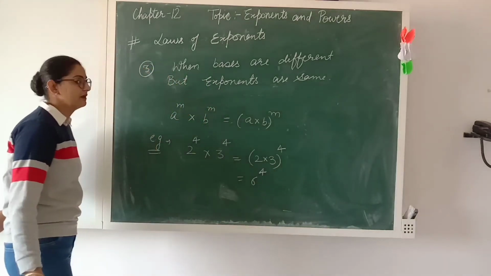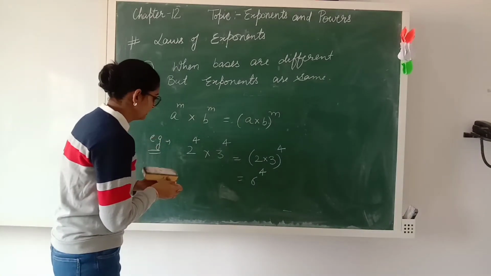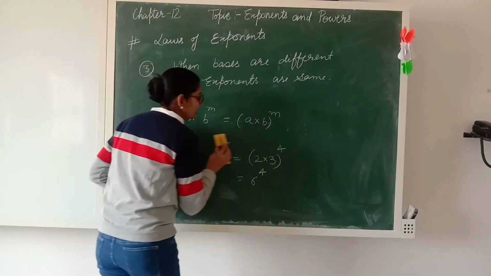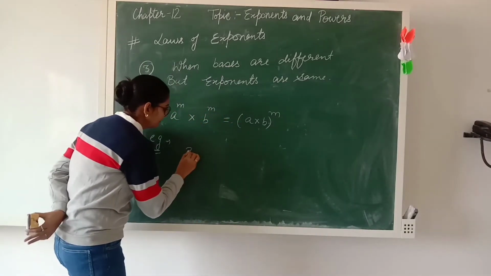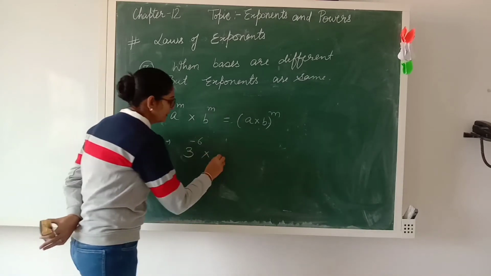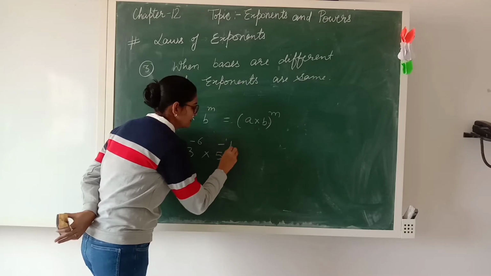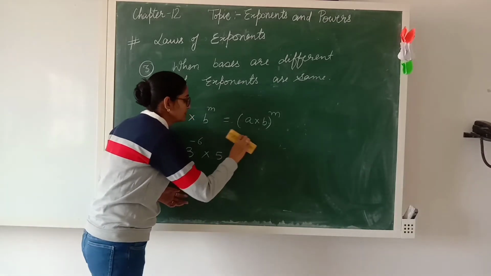That is our answer. But when the exponents are negative, then what do we have to do? I am going to take another example with negative exponents. If you have 3 raised to the power minus 6 multiplied by 5 raised to the power minus 6. Sorry, we have to just take same exponents now.